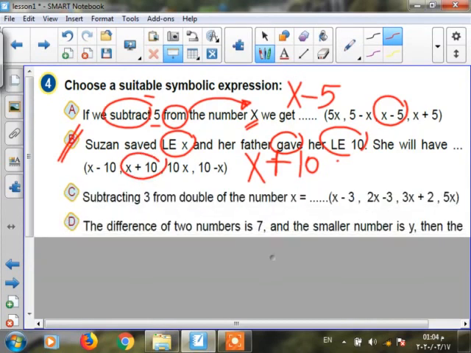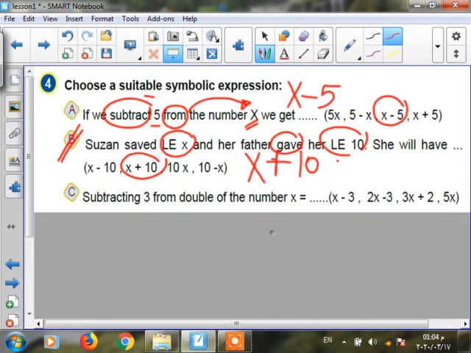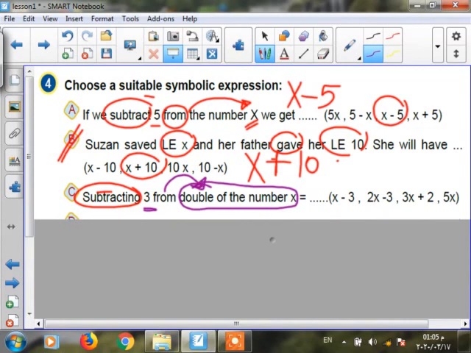Okay, that's the next one. What is the meaning of the word subtracting? Subtracting means minus, and we said before, subtract from, take the second minus the first. Subtract number 3 from what? Attention, from double of the number x. Double means 2 times any number.